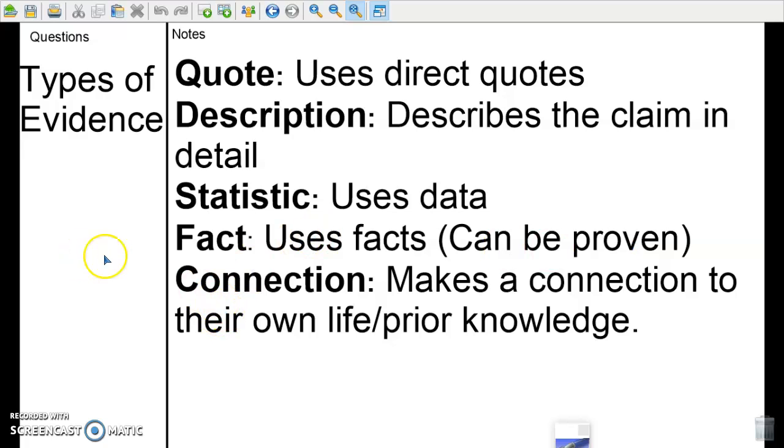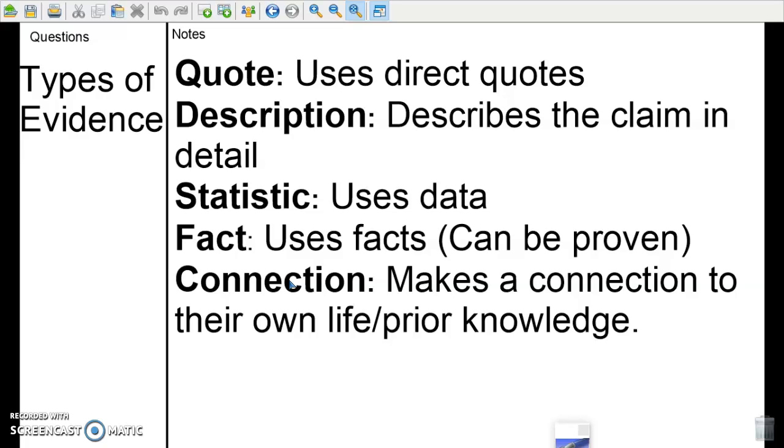And last but not least, the last type of evidence is a connection. A connection helps you connect information that maybe has happened to you in your own life or you have knowledge of it before. So with this one, that would be, I used to make cookies when I was little.